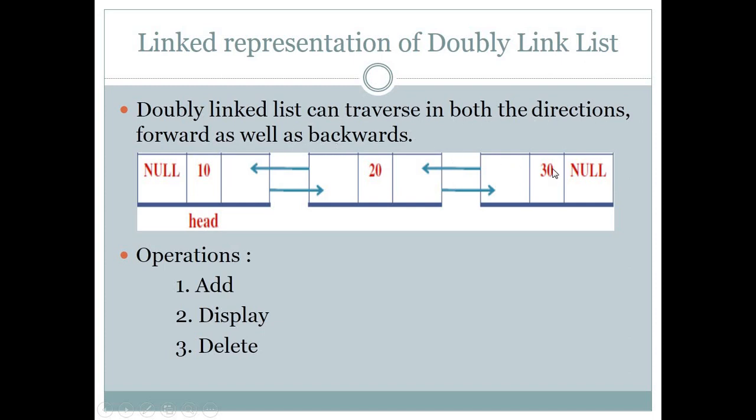If we want to traverse in this direction, that is possible, and if we want to traverse in the forward direction, that is also possible. Note one thing here: in a doubly linked list, the head node's previous pointer will be null and the last node's next pointer will be null.